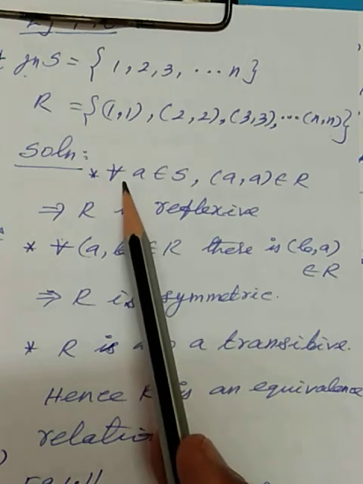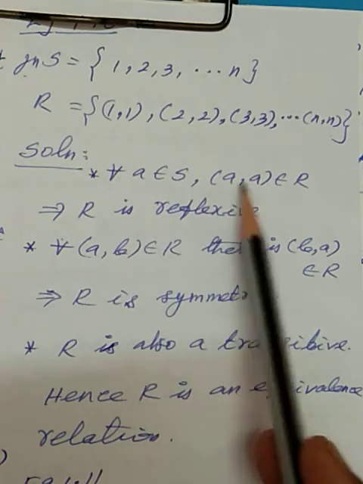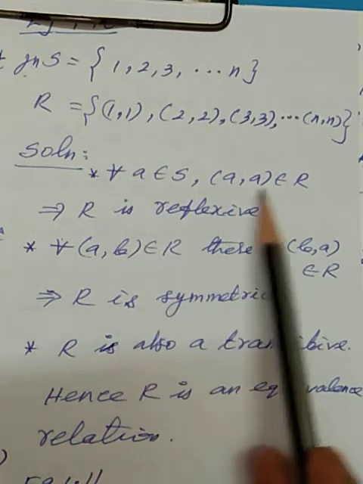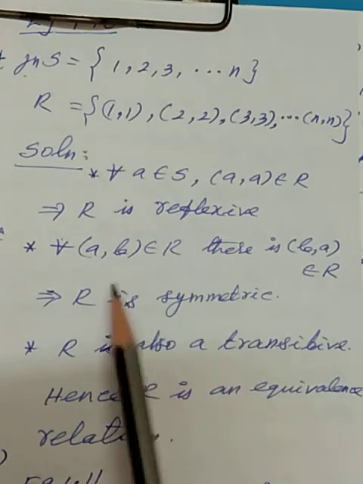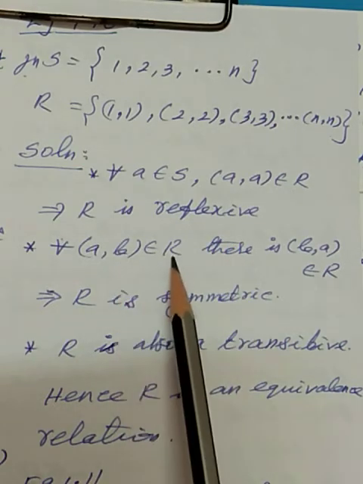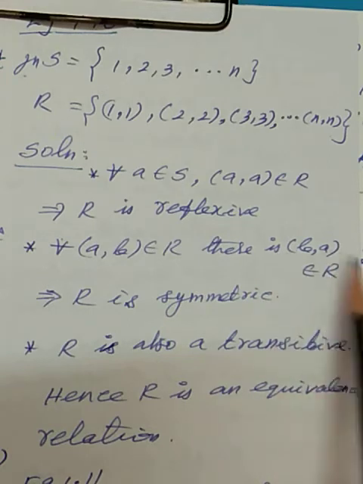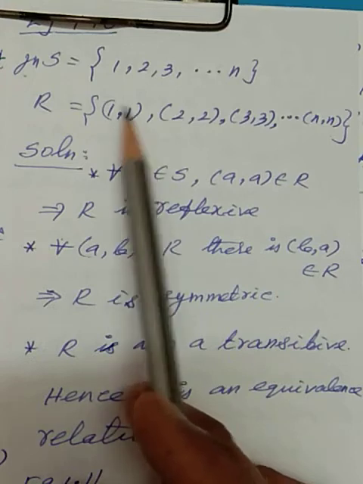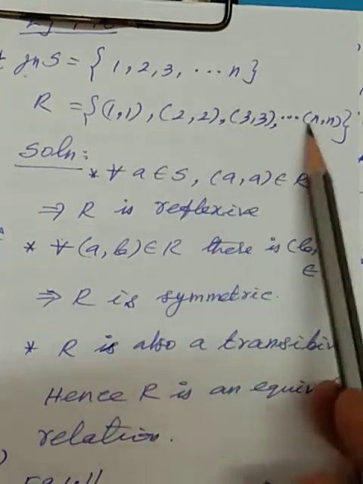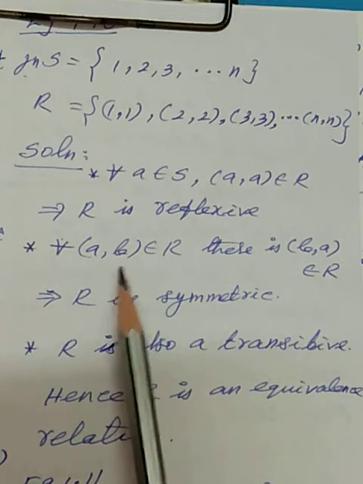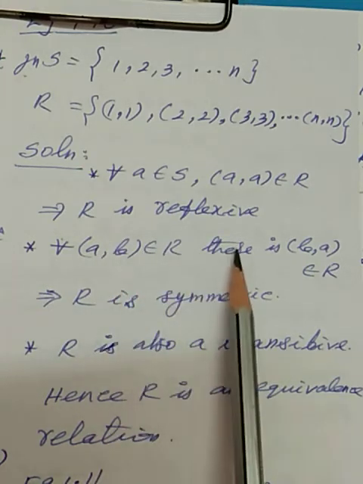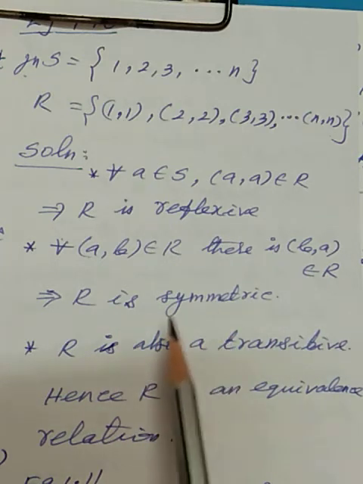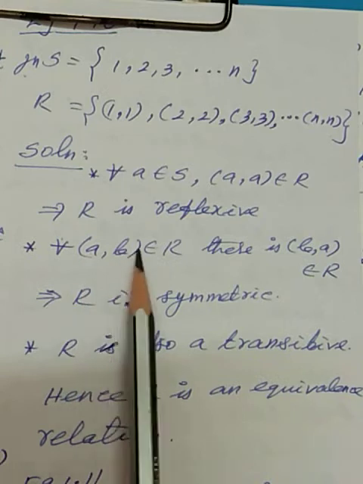That is, for every A belongs to S, (A, A) must be in R. Likewise, for every (A, B) belongs to R, there is (B, A) belongs to R. Since all the elements are (1,1), (2,2), (3,3), (n,n), all the elements like (A, B) in R means (B, A) also belongs to R, and hence R is symmetric, since here A and B are equal.